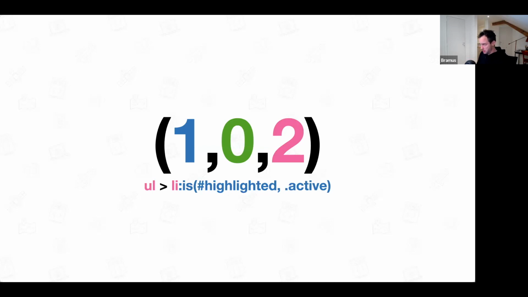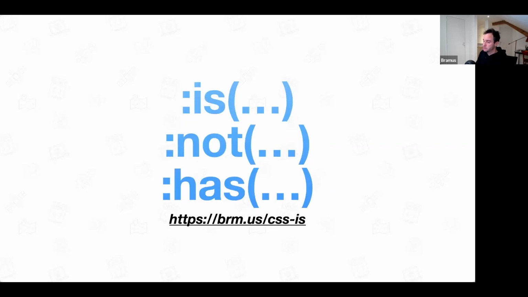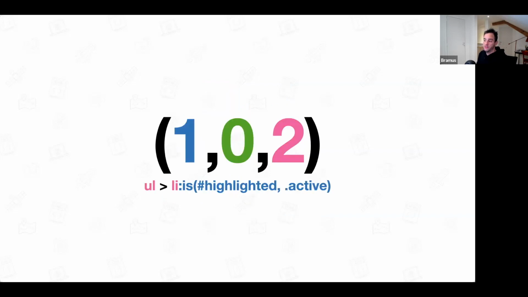What is the kicker here? Well, when you are using is or not or has, so it applies to all those, it will take over the specificity from its highest specific argument. So you might think, well, UL LI.active has a specificity of 012.